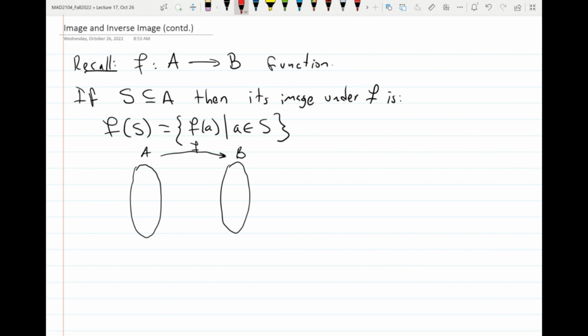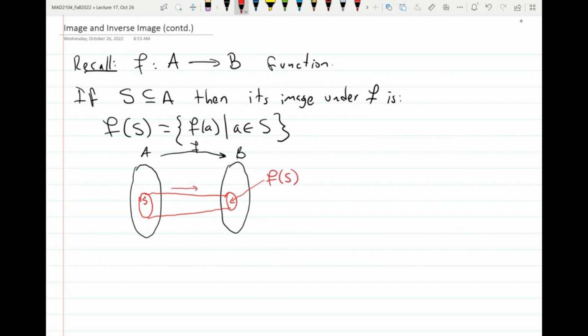So what we are asking is, well, inside A, there could be a set. Let's call it S. Okay? And then the question that we're trying to figure out is what happens to the elements in S when I apply the function? Well, if I apply the function to each element in S, this is going to produce something in B. This is what we call the image of S, okay?